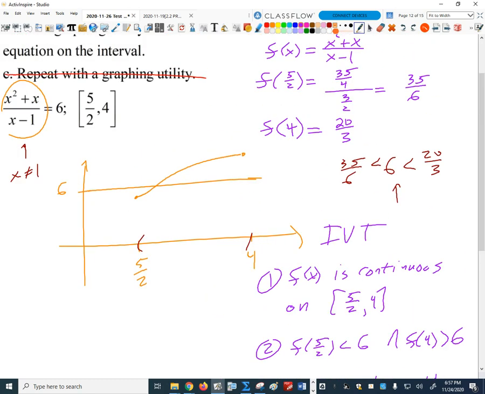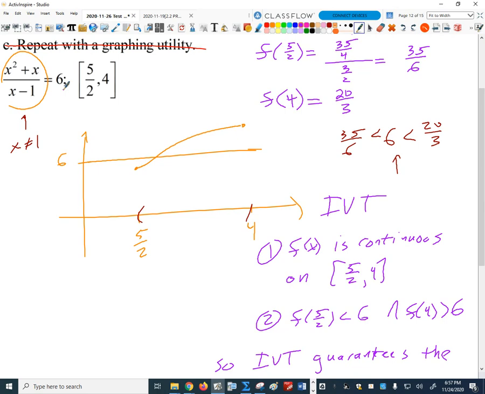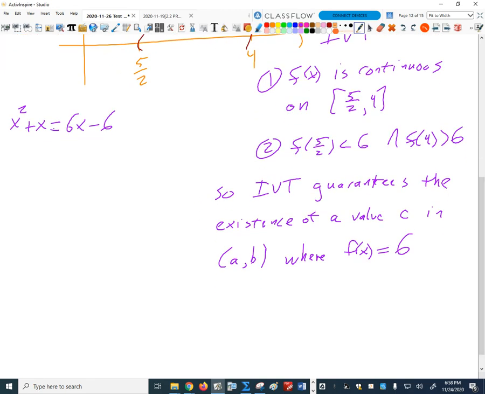So if we set this equal to 6 and solve, we just cross multiply, and we get x squared plus x equals x minus 1 times 6. So we get 6x minus 6. If I push everything to the left side, I get x squared plus 7x plus 6 equals 0. Factoring, is that right? Did I do that right?